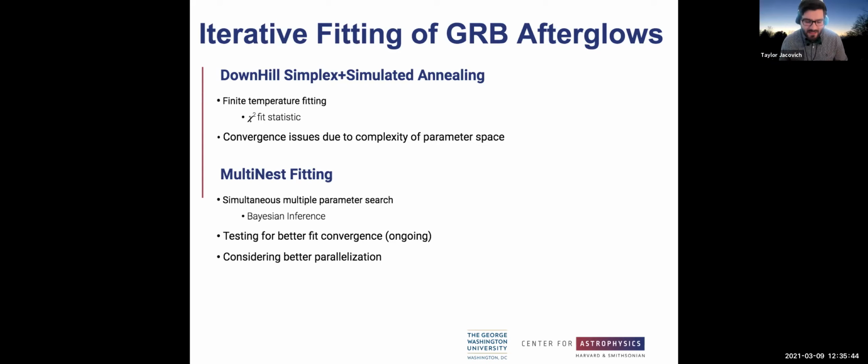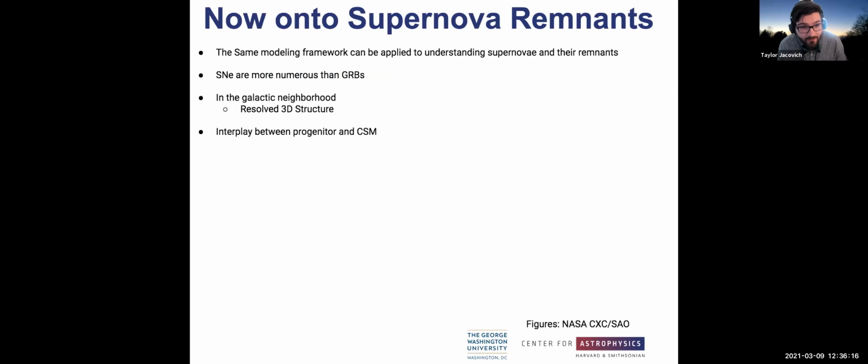We've been able to take advantage of the fact that some of this work has already been done, and fine tune this modeling so that we feel like we are accurately capturing the statistics and the physics that's going on, and produce pretty reasonable physical maps of parameter space. Now we are moving on to applying these to data to actually understand where the afterglows live in our space. And we can do something similar for supernova remnants.